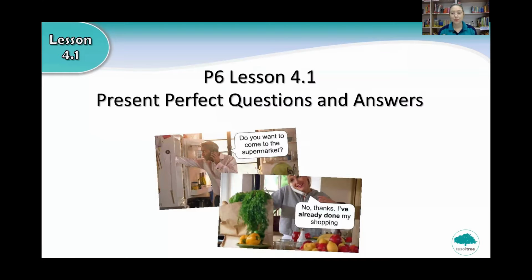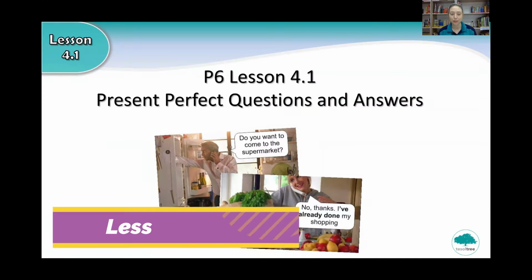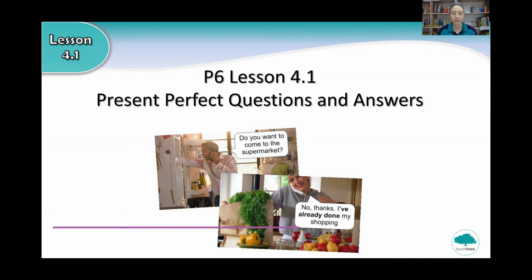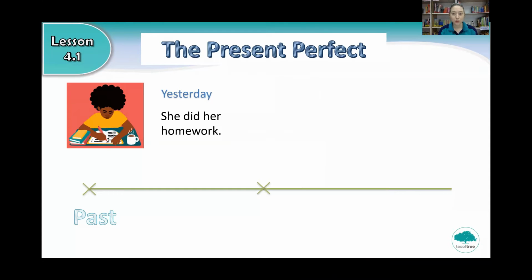Okay, so this is lesson 4.1, present perfect questions and answers. Let's get started. So we use the present perfect to talk about things that have happened in the past, or yesterday, that are still true today.